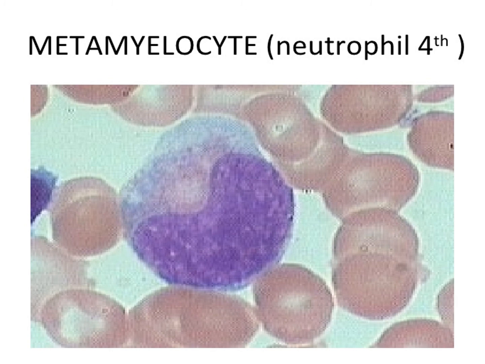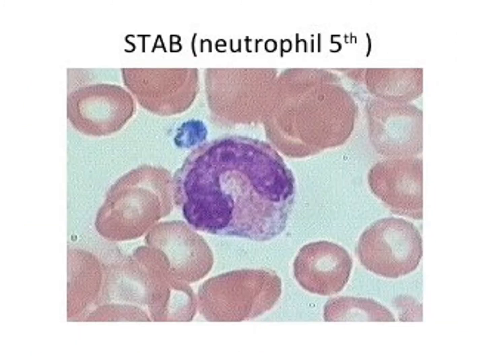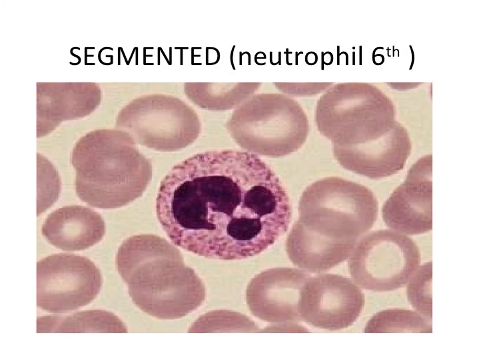Both primary and secondary granules are present in the metamyelocytes. Stab cells refer to the juvenile granulocytes. Here you see the segmented neutrophils, which are present in the peripheral blood smear.